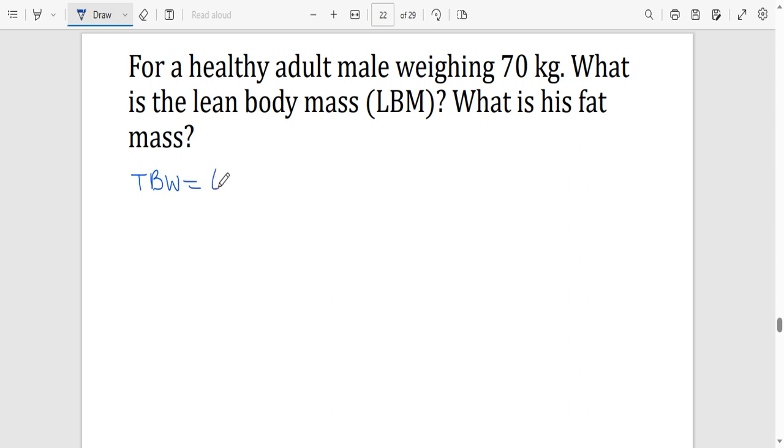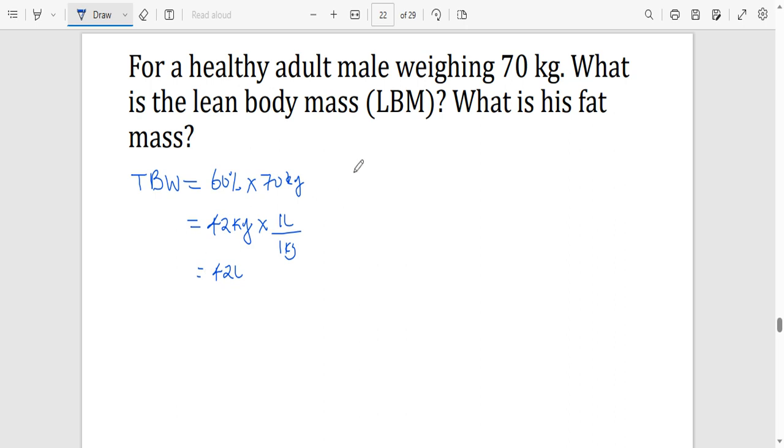Total body water, we know, is 60% of the weight, so 60 out of 100 times the weight, which is 70 kg. This is going to give us 42 kg. Now we know that for water, 1 liter is equal to 1 kg. So this will give us 42 liters. This is the total body water.